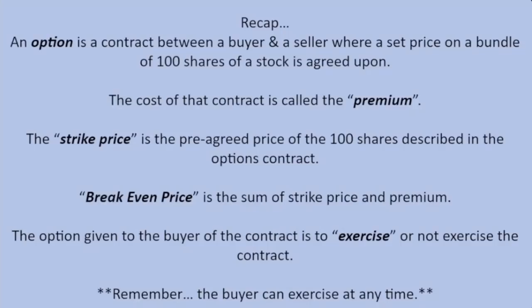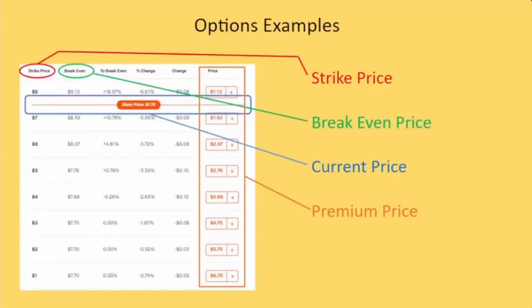The cost of that contract is called the premium, and we saw that in the example as the red ask, or the price on the other example where it just said price. That's the premium price. I'll tell you firsthand, the white example that I showed earlier, that's from Robinhood. I don't know if anybody in here is using Robinhood.